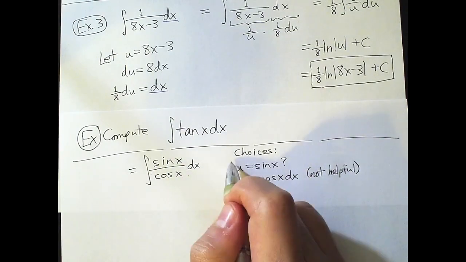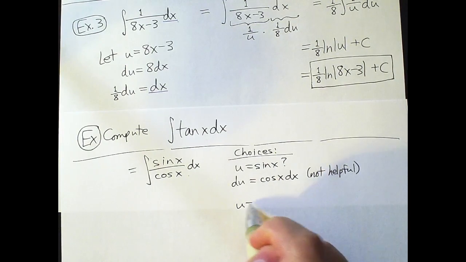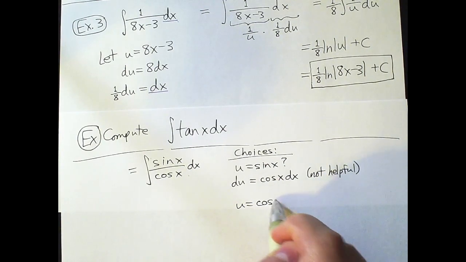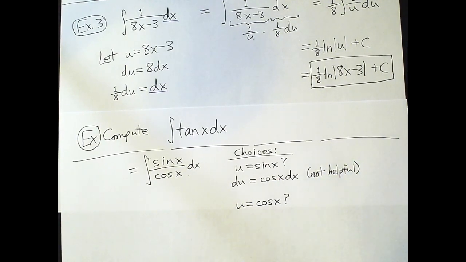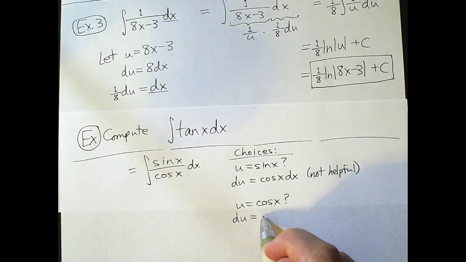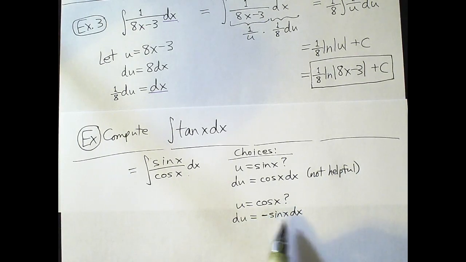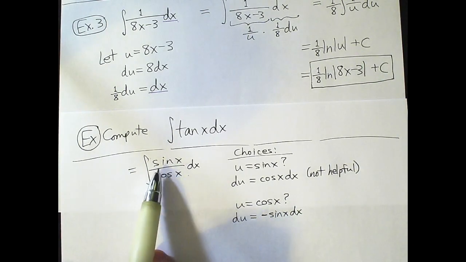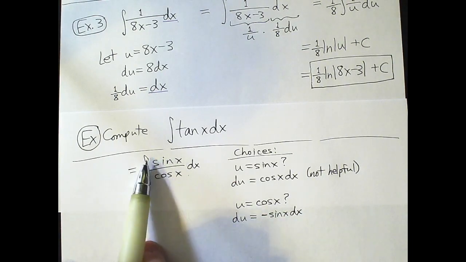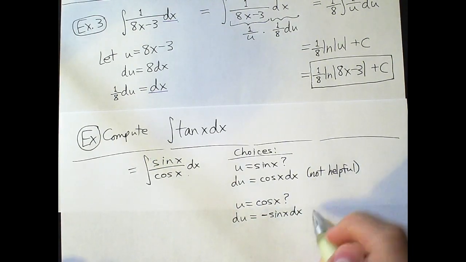So what if we try u equals cosine x instead? Let's see if this is helpful. Then du is negative sine x dx. Does the original problem have negative sine x dx? Almost. It has a sine x dx. So this is a better choice.